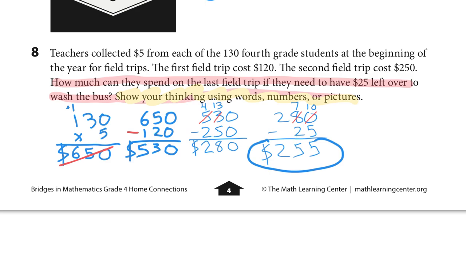We know how to multiply single digits. We know how to subtract. The only thing that might be tricky on a question like this is keeping track of where you are in the story, which is why it's always nice to go back and make sure you didn't miss anything along the way. Okay?